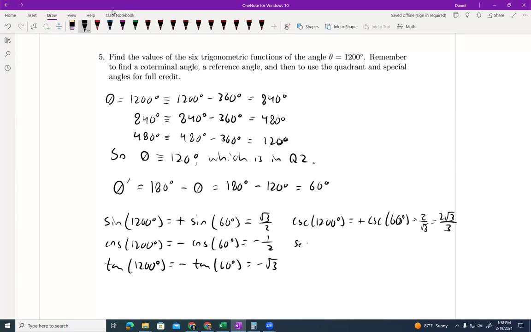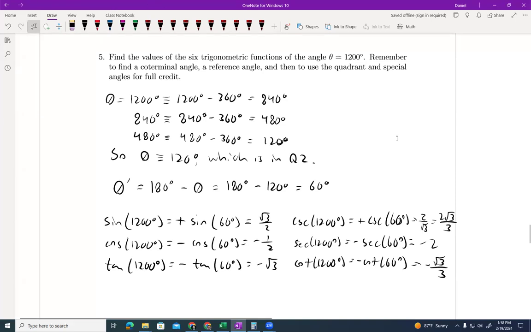Secant of 1200 degrees is going to be negative secant of 60 degrees, just the reciprocal of cosine, which is negative 2. And then cotangent of 1200 degrees will be negative cotangent of 60 degrees, the reciprocal of tangent, so it's negative 1 over the square root of 3, otherwise known as negative square root of 3 over 3 after rationalizing.